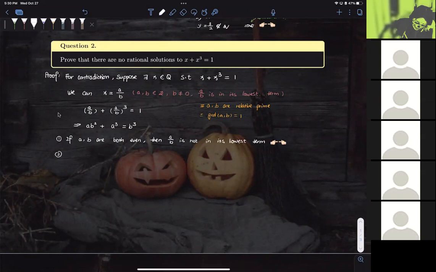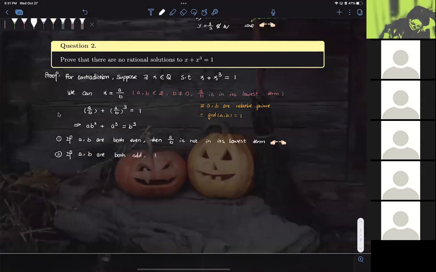If they are both odd, then what? Then ab squared is also odd.